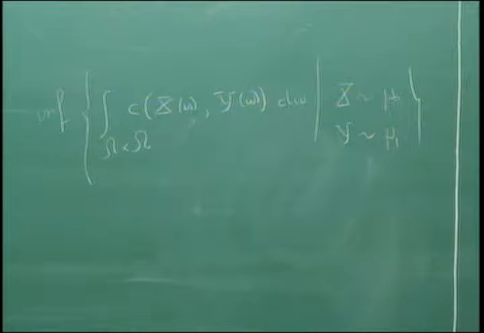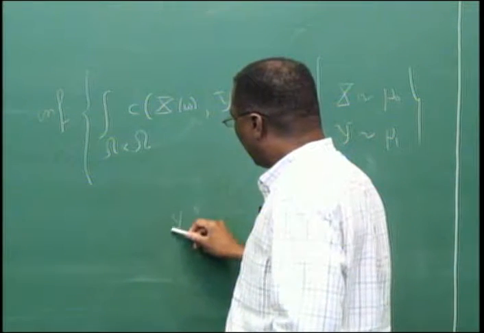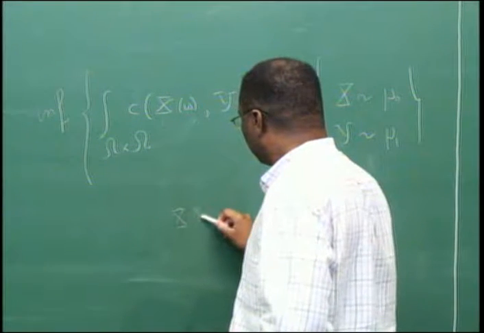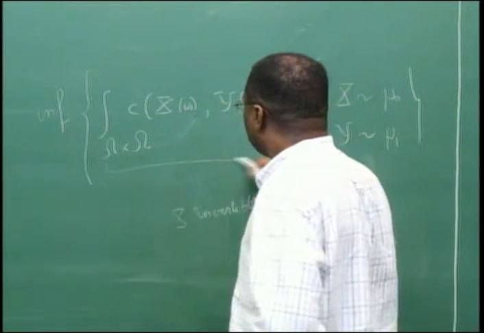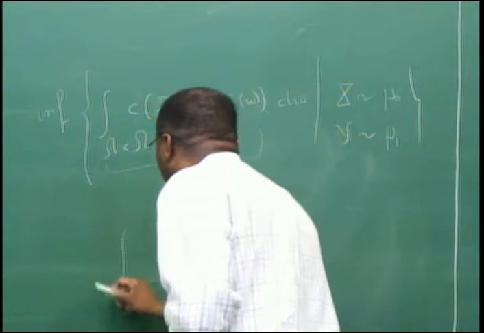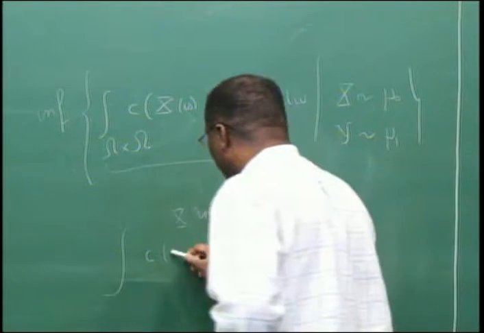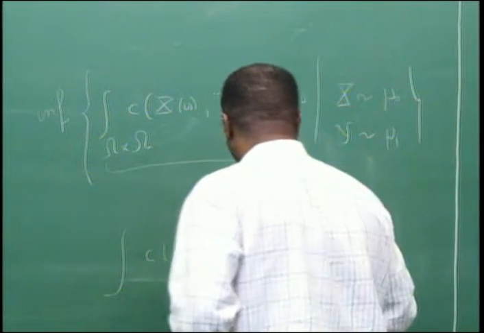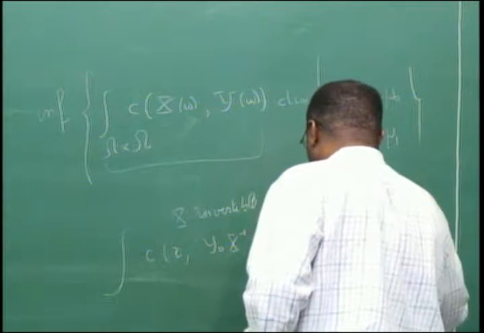I can do that. But if I can show that y is invertible, x is invertible, then I can write this as the integral of c of x, y composed with S inverse of x, mu naught dx.